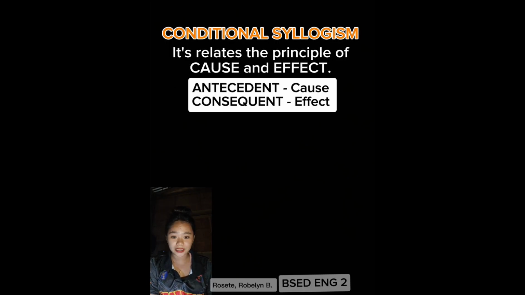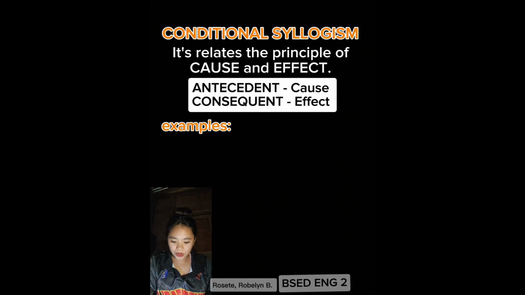In this concept, it also relates to the principle of cause and effect. In short, the antecedent is the cause, and the consequence is the effect. Again, the antecedent is the cause, while the consequent is the effect.